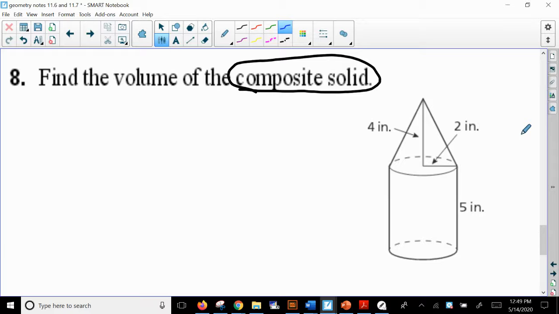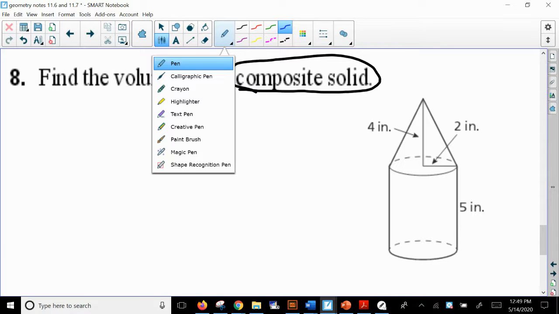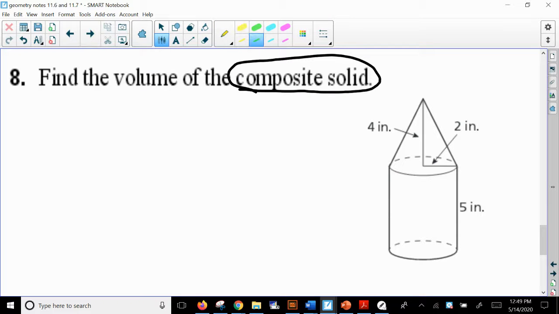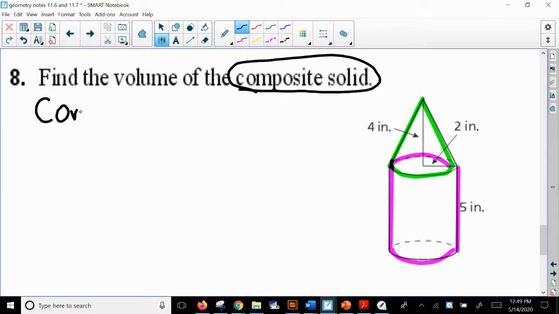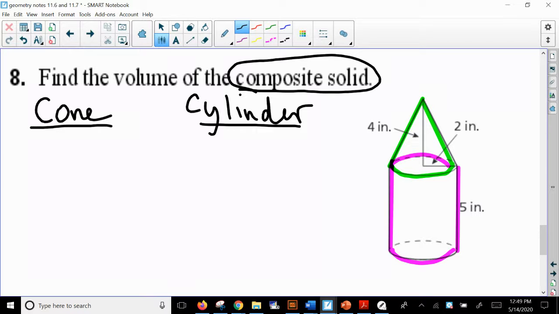You should see the top part is shaped like a cone. And you should see the bottom is shaped like a cylinder. So together, this whole thing, we have a cone and we also have a cylinder. You're going to find the volume of both of them and then take each answer and add it together.